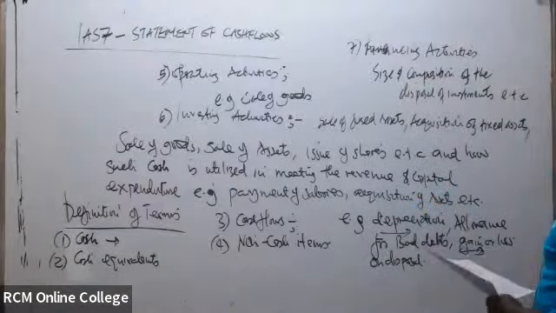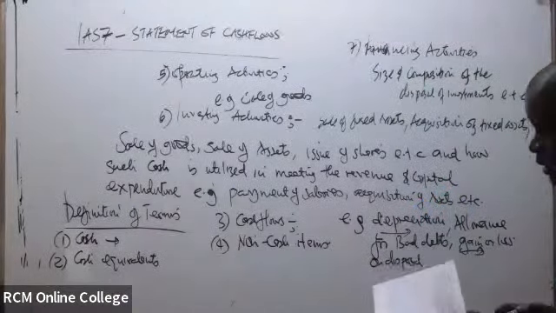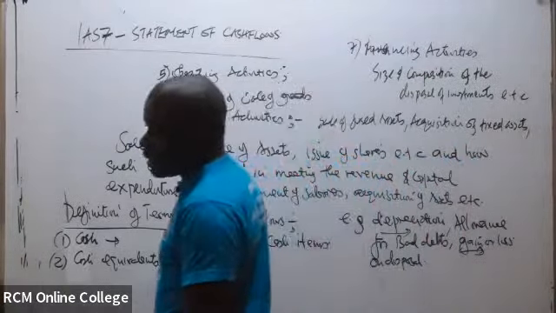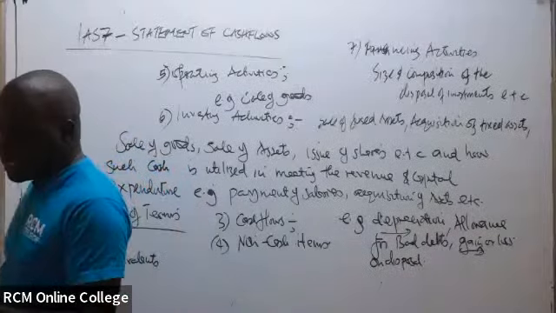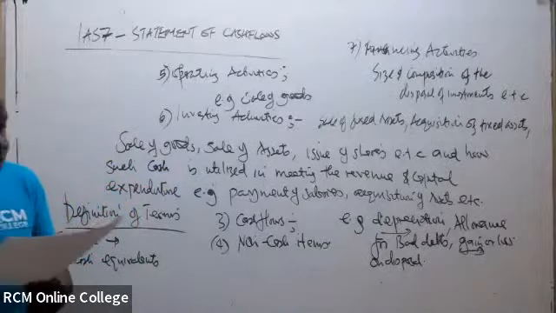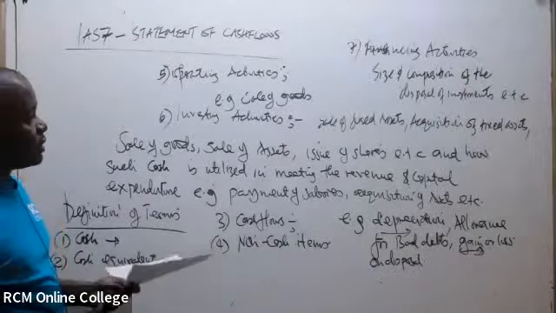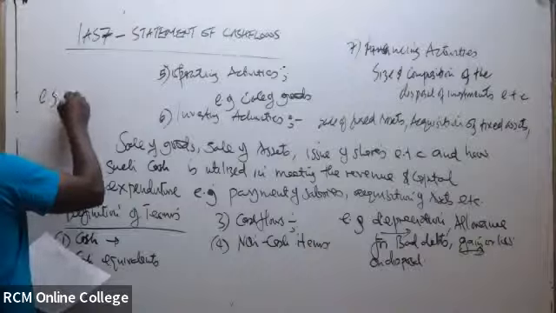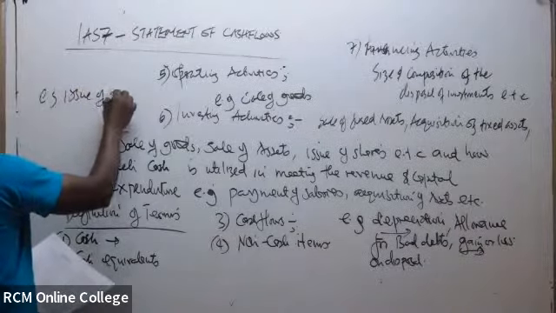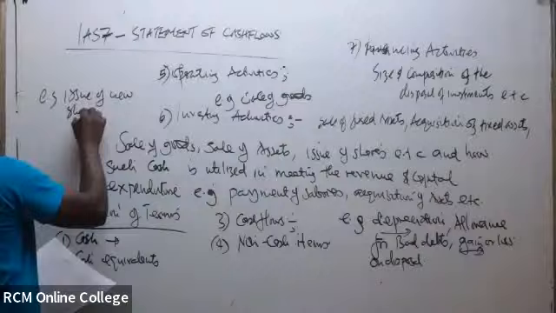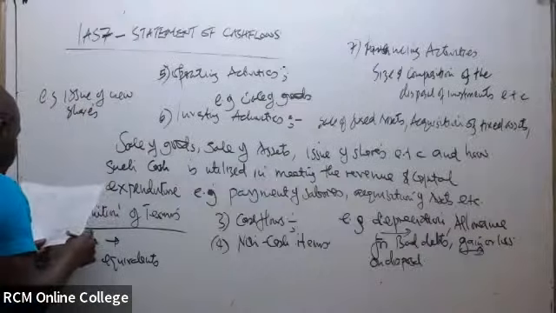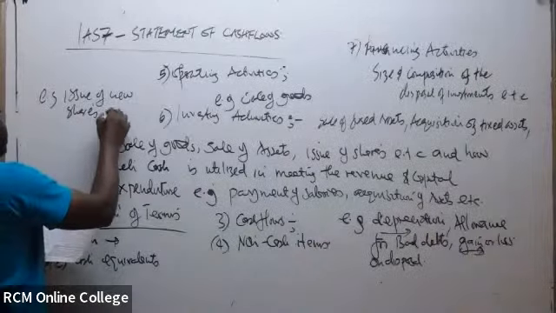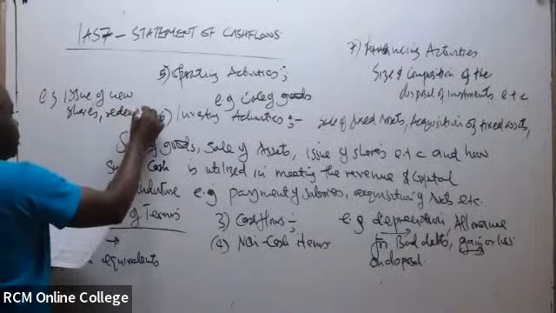Examples of activities, e.g., issue of new shares. We have, in this case, redemption of shares.